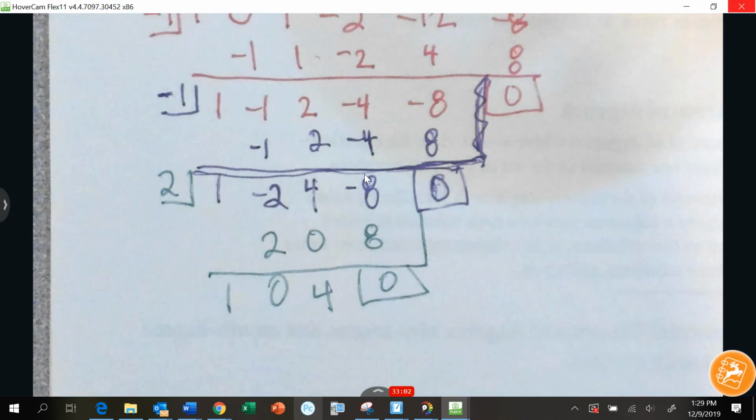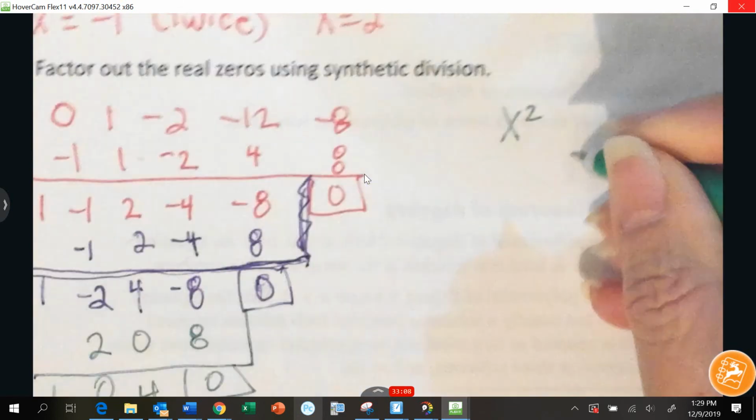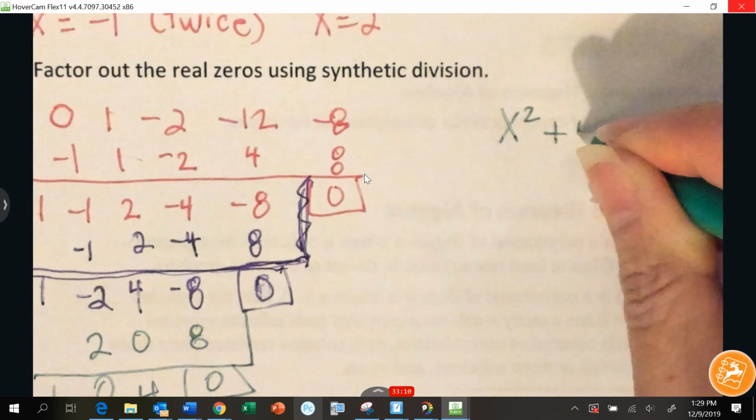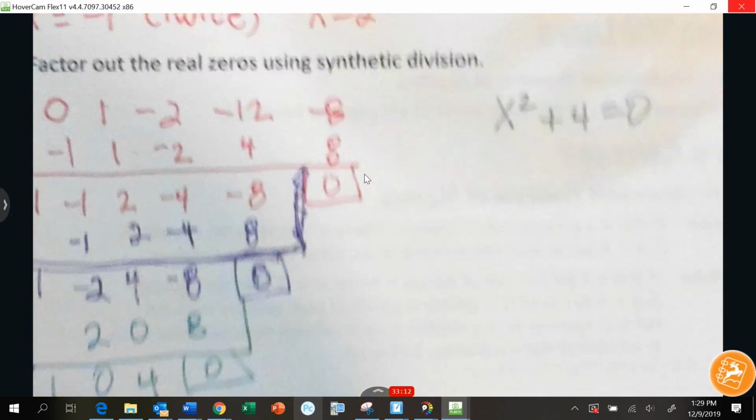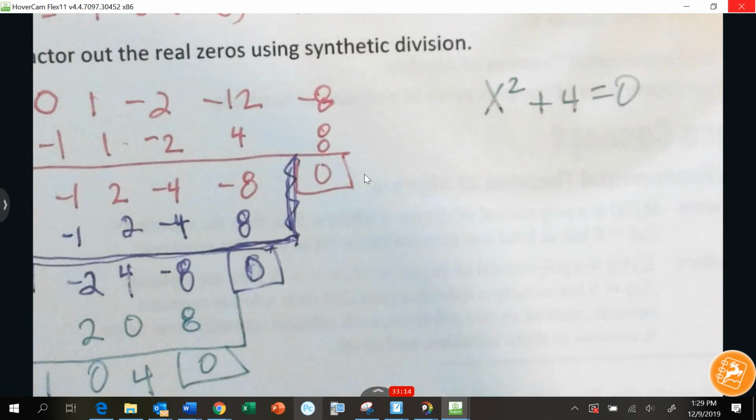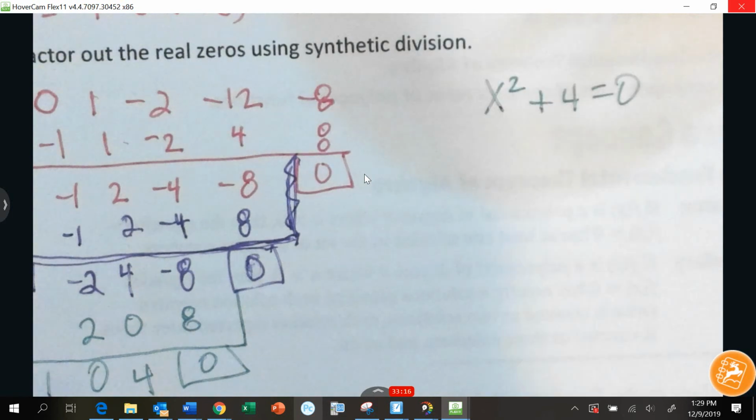Now we need to write the quadratic that's left over: x squared plus 4. We're going to set it equal to 0 so we can solve that one. You may use whatever method you want to solve, but factoring is not going to work for this one. If factoring worked, it would have shown up on the graph.